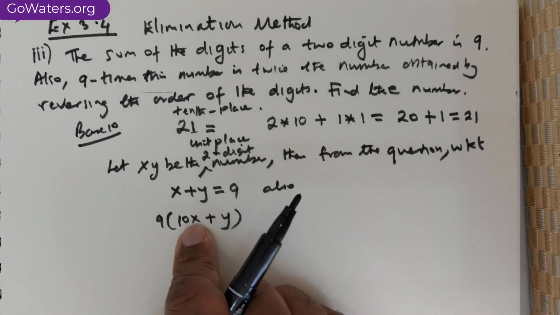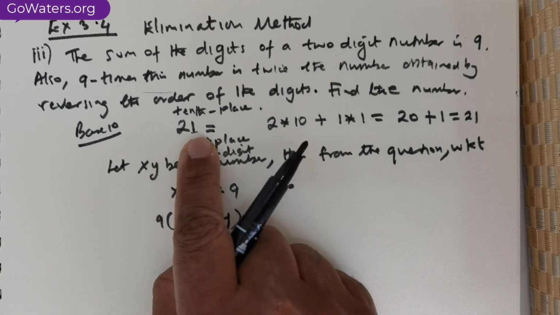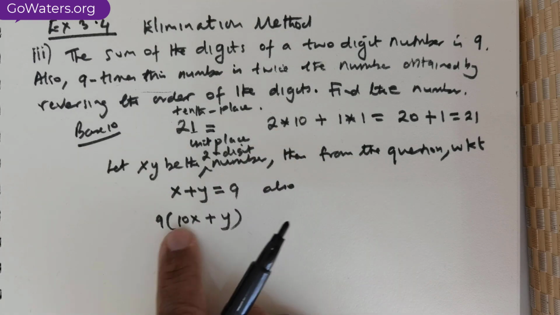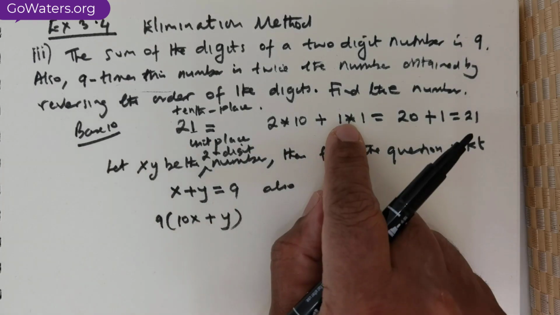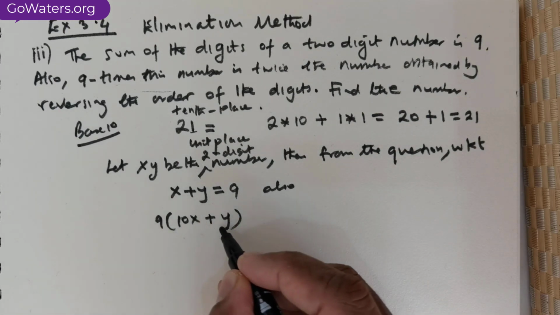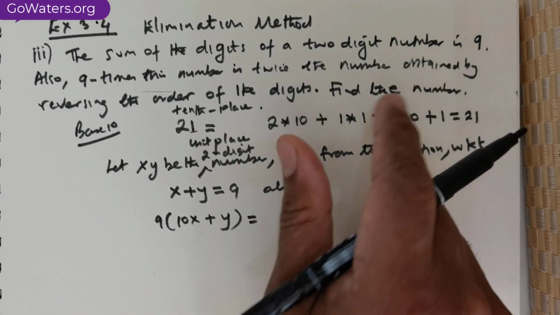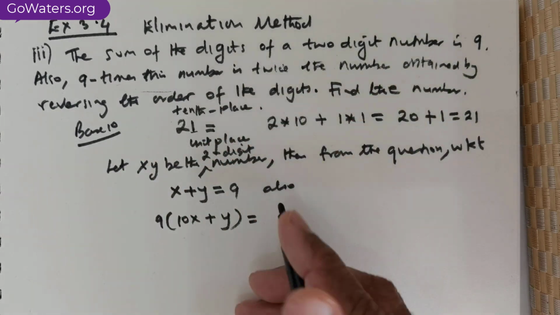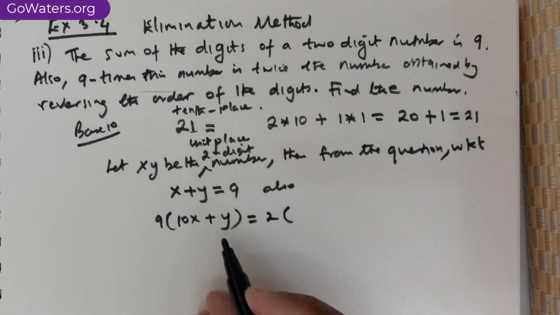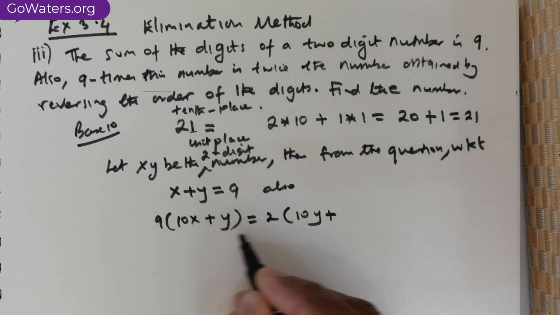I do not know the digits, so in place of 2 I've got an x here. So it's going to be x times 10, plus, in place of 1 I've got y. So that's the way you write it. So 9 of 10 times x plus y is equal to twice the number obtained by reversing the digits. So in place of x you should place y, in place of y you should place x.